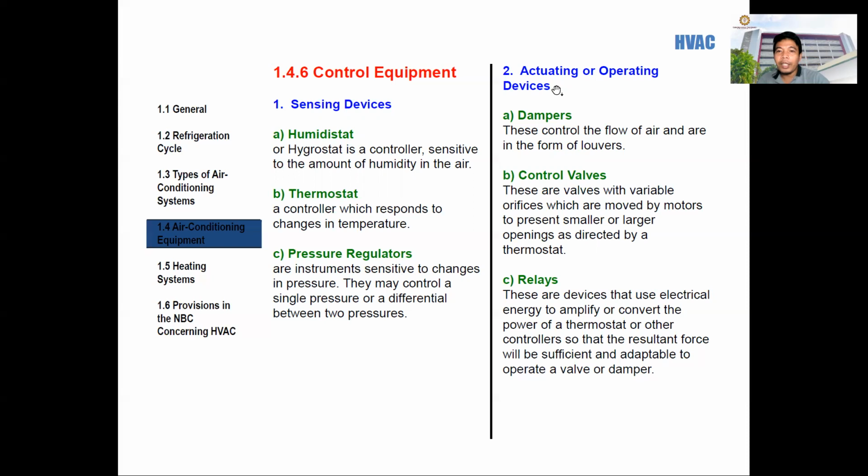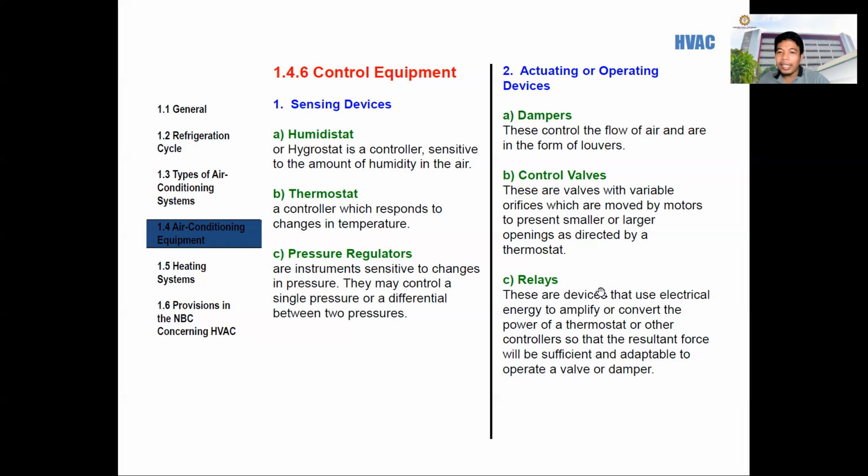And then number two, we have the actuating or operating devices. First is the dampers. These control the flow of air and are in the form of louvers. And then letter B is the control valves. These are valves with variable orifices which are moved by motors to present smaller or larger openings as directed by the thermostat.